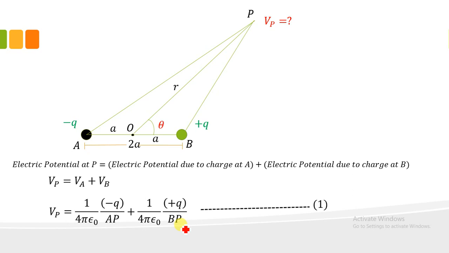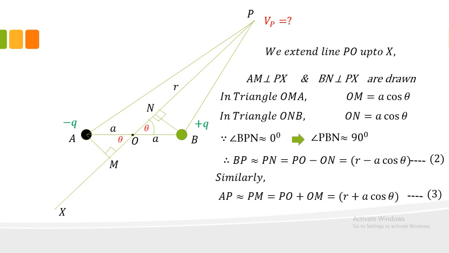In order to find out AP and BP, what we do is just extend this PO up to X, and draw perpendiculars AM and BN on this PX.